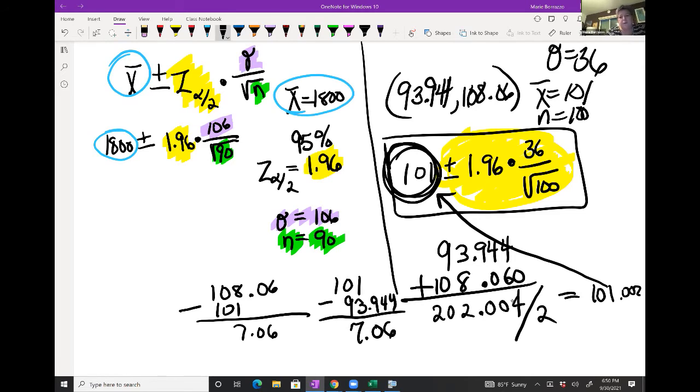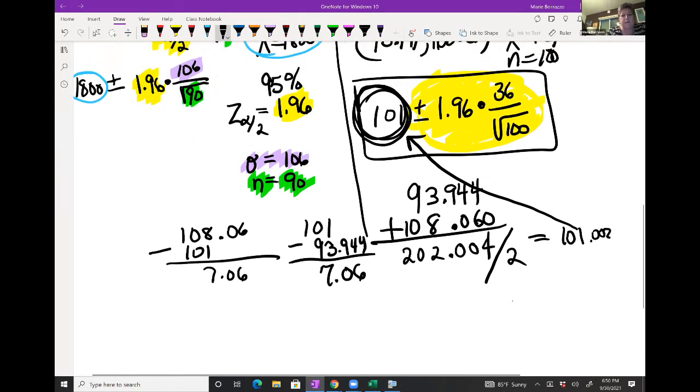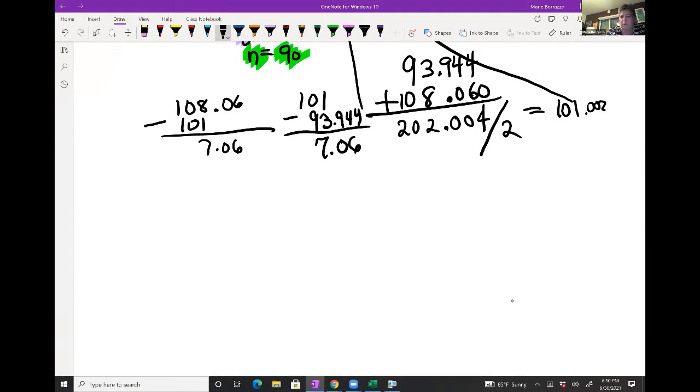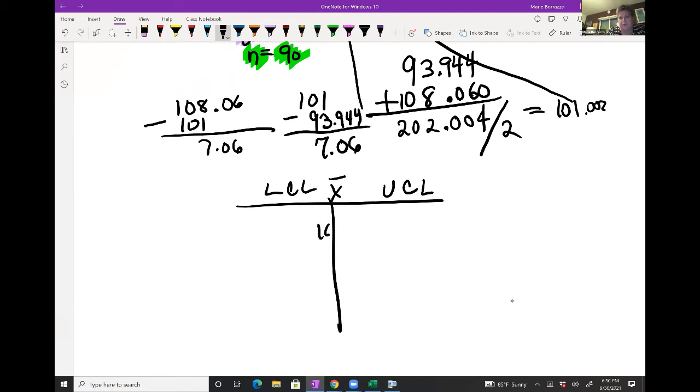So in other words, the margin of error is literally the distance from the center point. Here's your lower confidence level, here's your upper confidence level, here's your average right in the middle. This is the 101. Again, this was 108.06. This was 93.944.